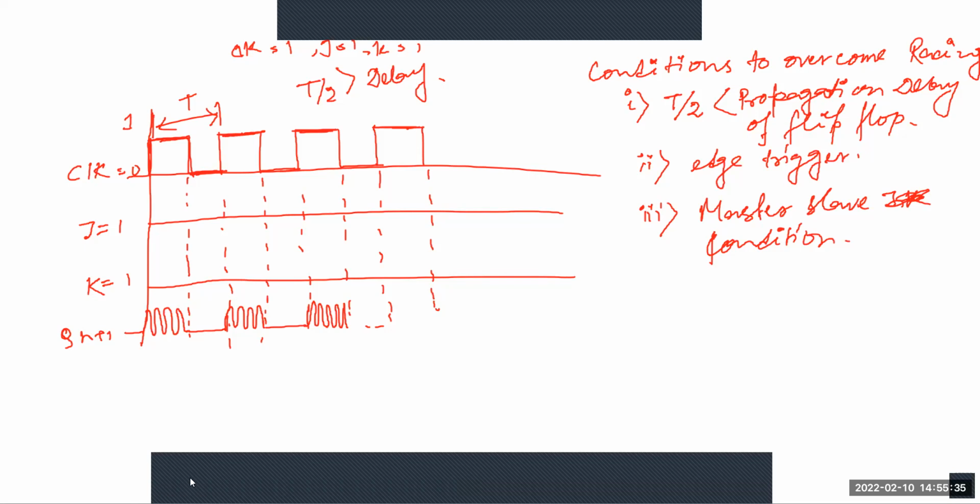Okay, so you have no query, no doubt. So I am giving you 1 minute. All of the participants, write your name in the chat box for the attendance.